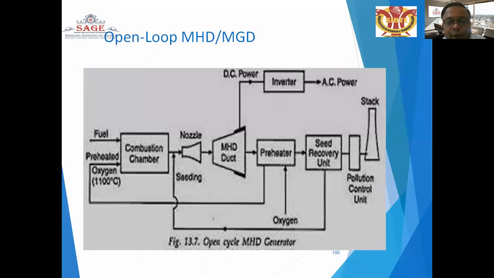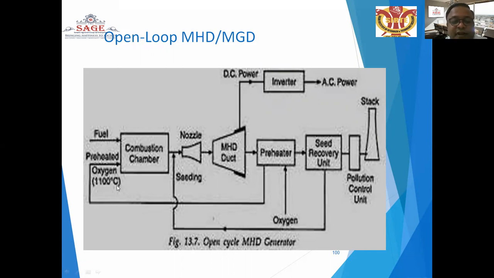This is the open loop MHD, where the energy will be created, and after passing through the cathode ray side and after being used in the MHD generator, the gas escapes to the atmosphere. The fuel is supplied from an outside source and passes through the combustion chamber, where oxygen is supplied from another side.